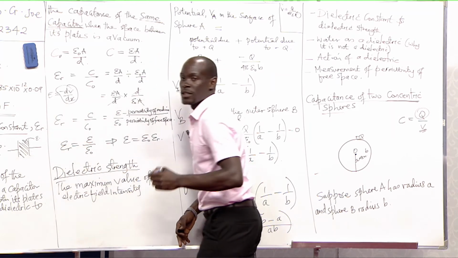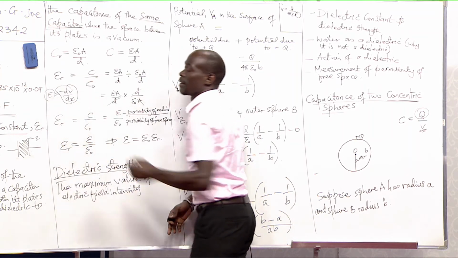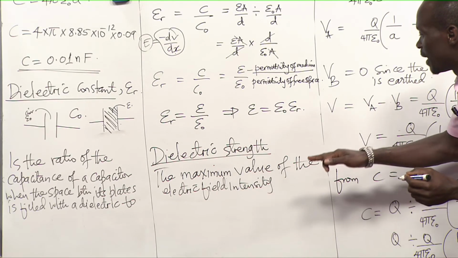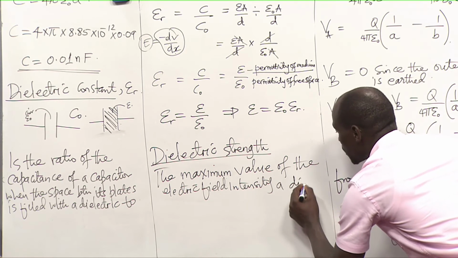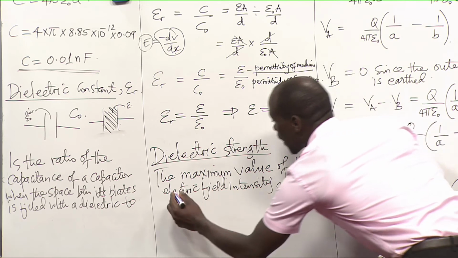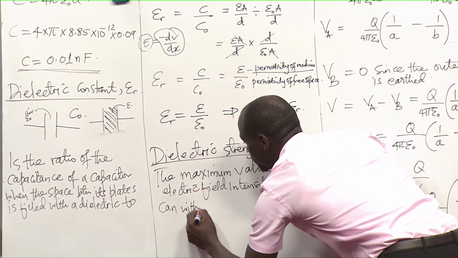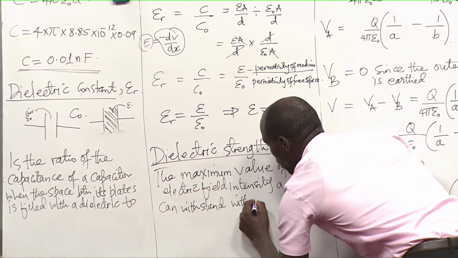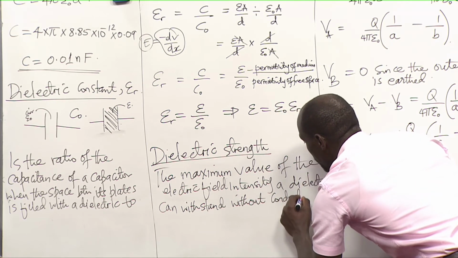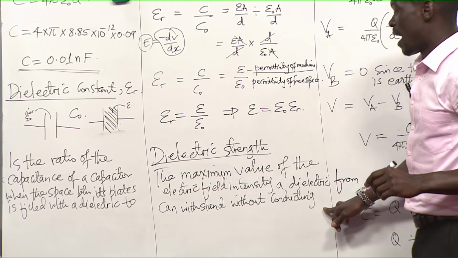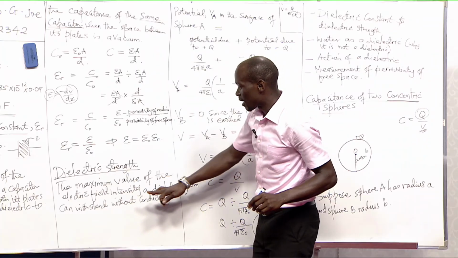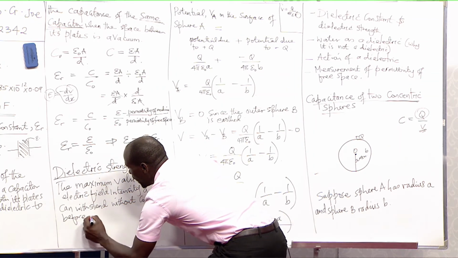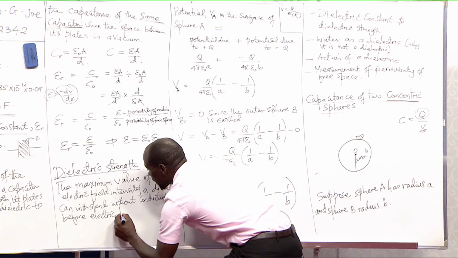This is the potential gradient, meaning the potential gradient is also equal to the electric field intensity. So I can use any of the two. So the maximum value of the electric field intensity a dielectric can withstand without conducting, or I can say before electric breakdown.